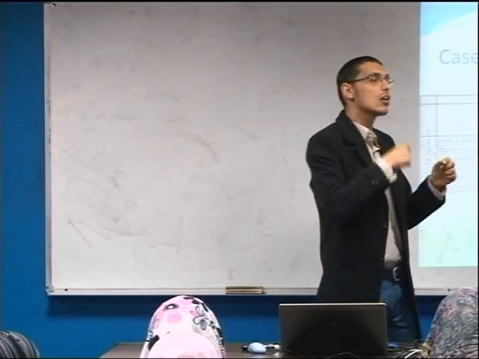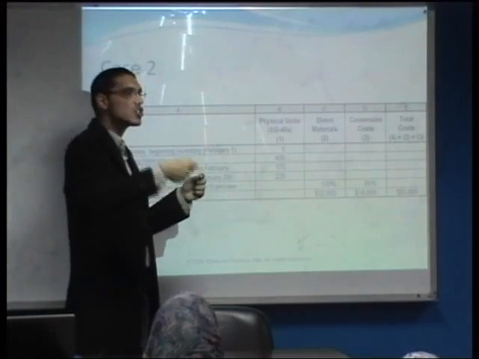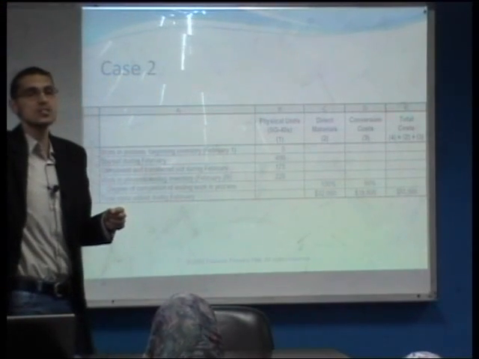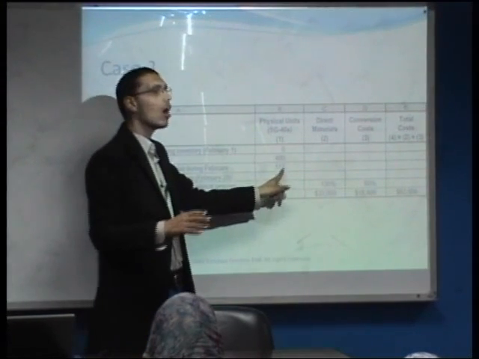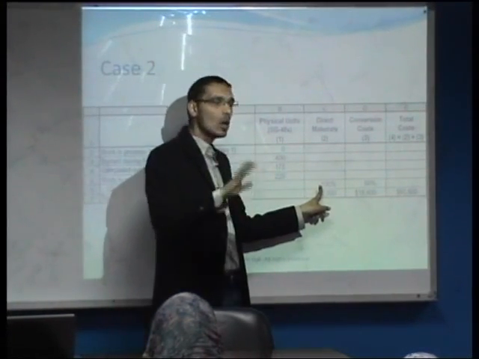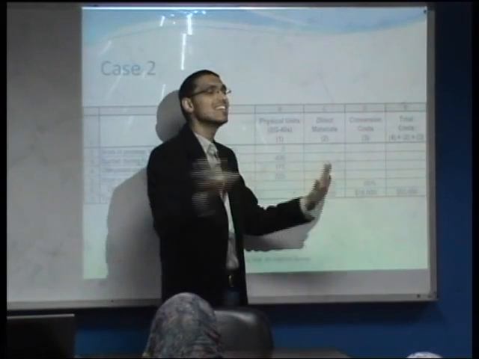Therefore, any units that are started would take 100% of the direct materials. Therefore, the 225 units have 100% of the direct materials that they need.